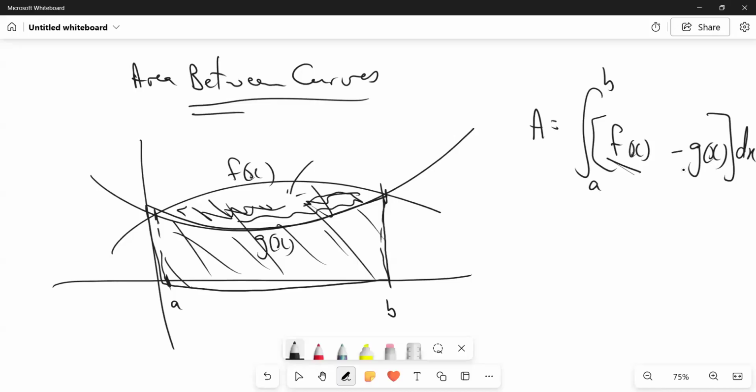We subtract it too. It's the same thing you're doing. Let's illustrate with an example.